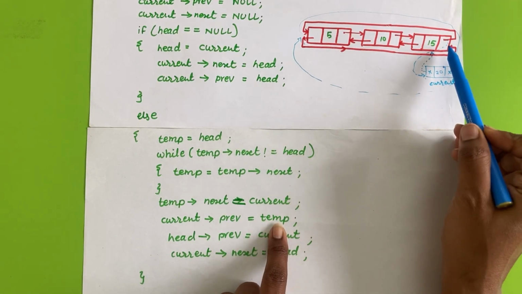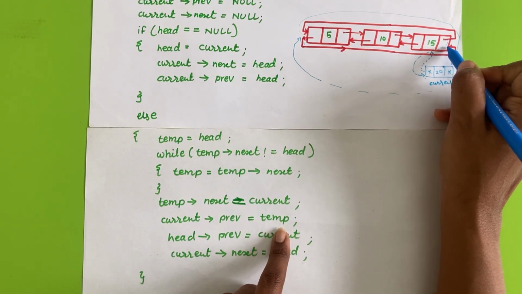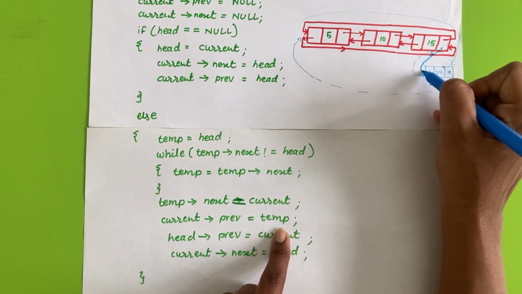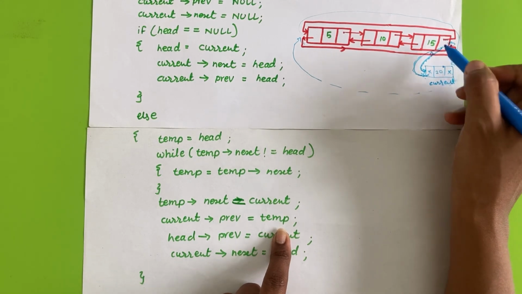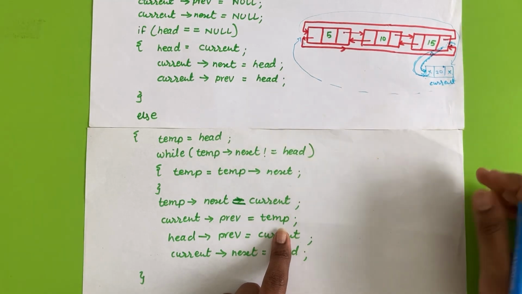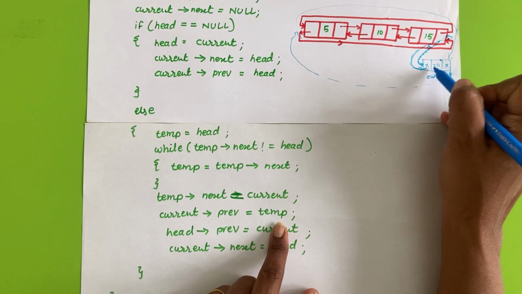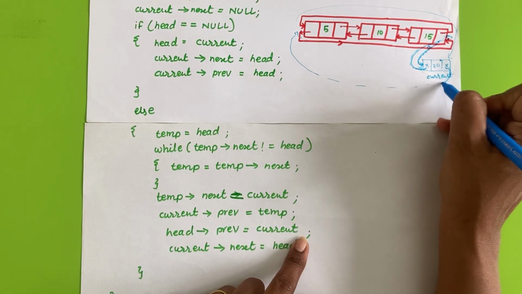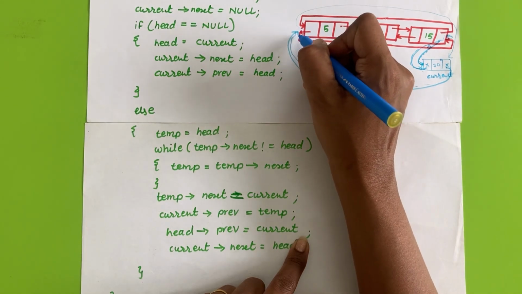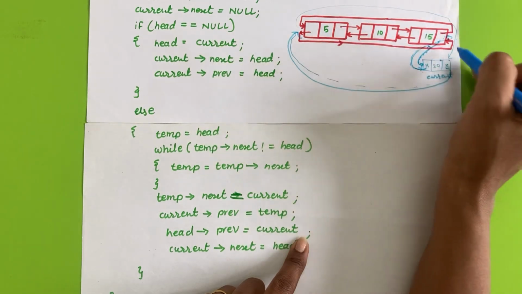So we have made these 2 assignments, that is this node is pointing to this node and this node is pointing to this node. Now we have to make assignments so that if this is the last node, then its next pointer field will point to the head node, and head's previous field will point to the last node.